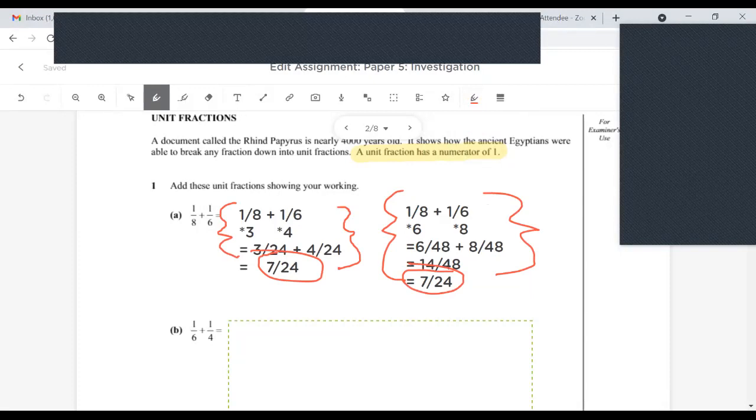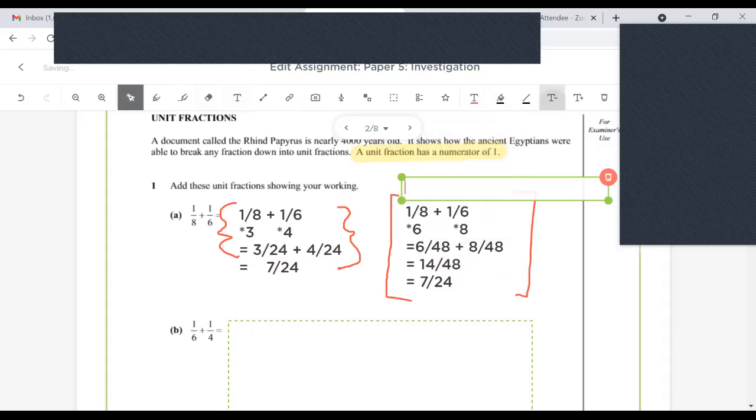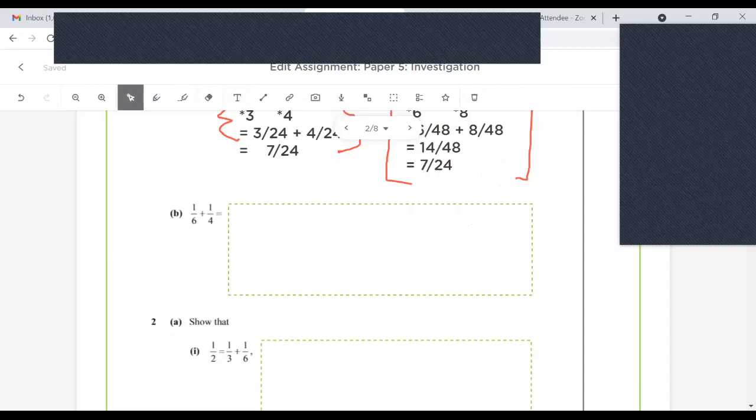All right, following that kind of format, can you finish off part B for me?